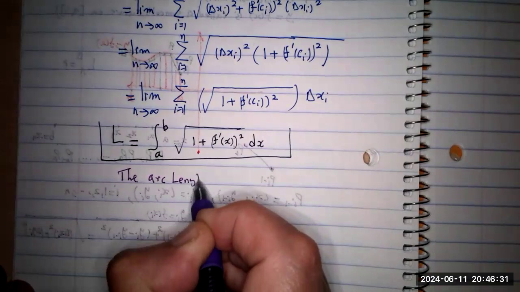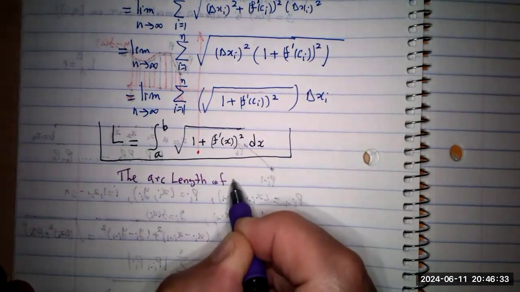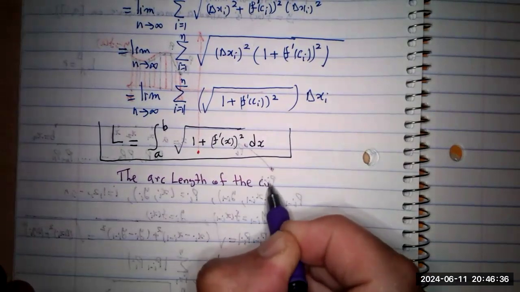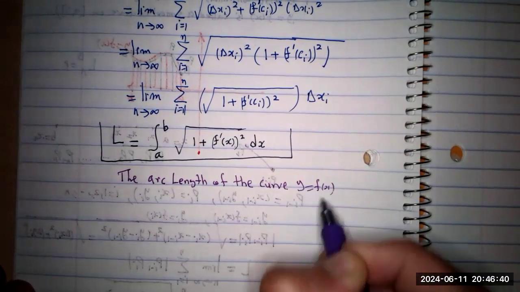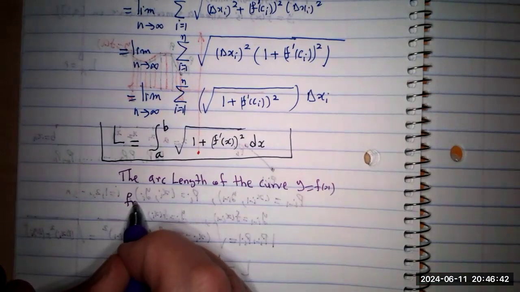This is going to be the arc length of the graph of the curve y equal to f of x. There are different ways to write this one.